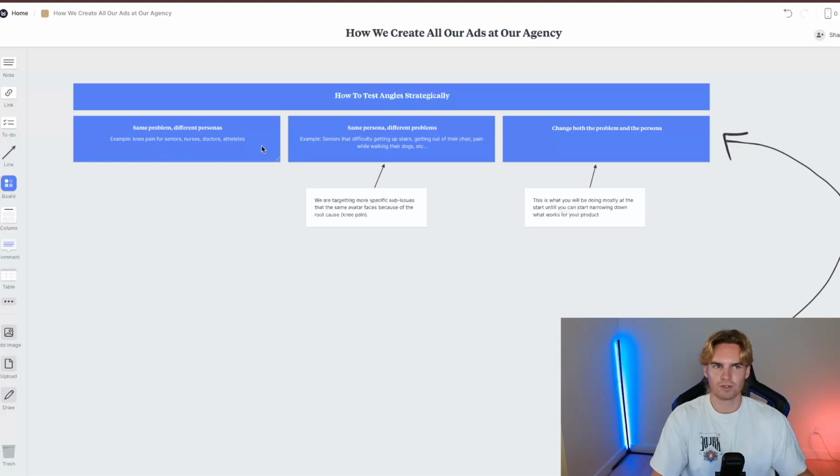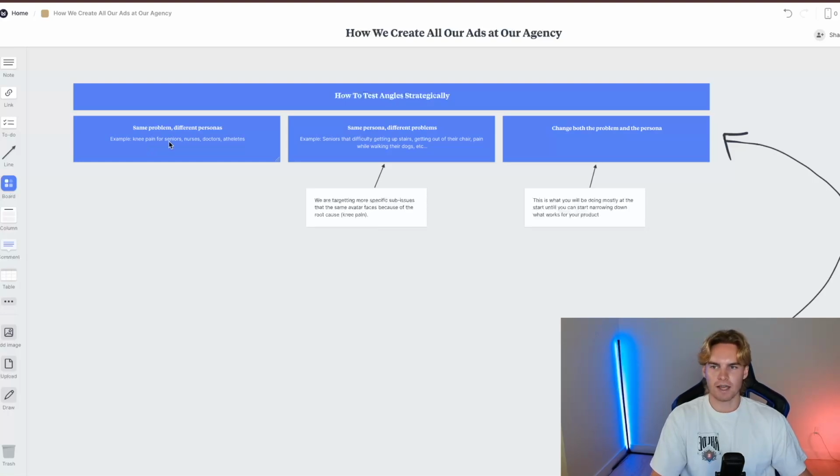So this is, again, once you've got some more data and you know what's working and what's not, because this is when you're narrowing down your variables even more and ultimately juicing out even more profit. For example, you'll have the same problem and you can test different avatars. In this case, the example I used here is knee pain for seniors, knee pain for nurses, knee pain for doctors, knee pain for athletes.